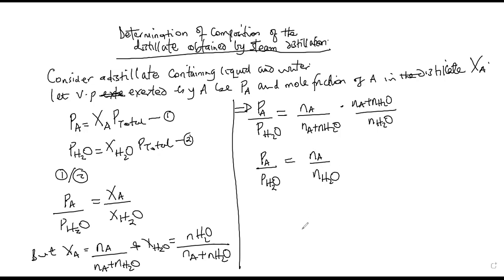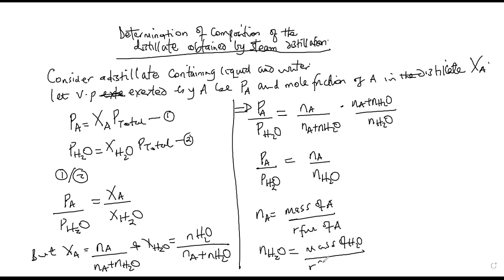So after having gotten this, depending on the question, we can look for NA, and we know how to get the number of moles of A. Number of moles of A is equal to mass of A over the relative formula mass of A, and number of moles of water is equal to mass of water out of the relative formula mass of water.